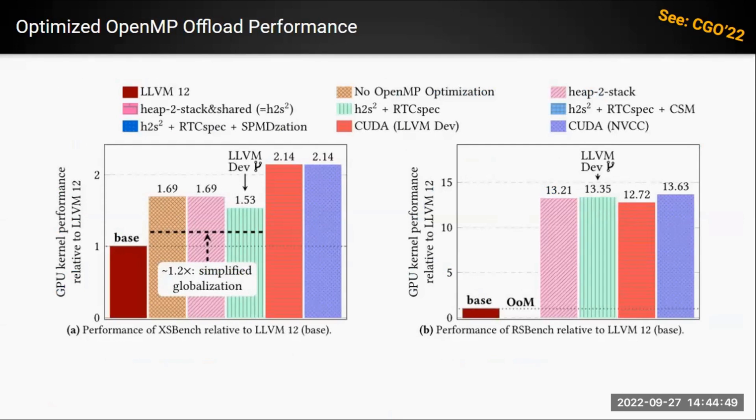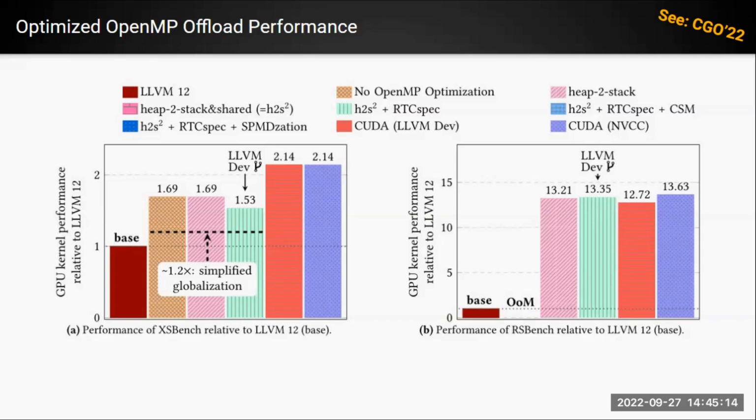What we see here is XSBench and RSBench, which are two proxy apps for the OpenMP app that I mentioned earlier. One is memory bound, one is compute bound. And we started with LLVM 12 as baseline on the far left. And then LLVM dev at the time got a speedup of 1.5 to like 13x by doing all these funny things.